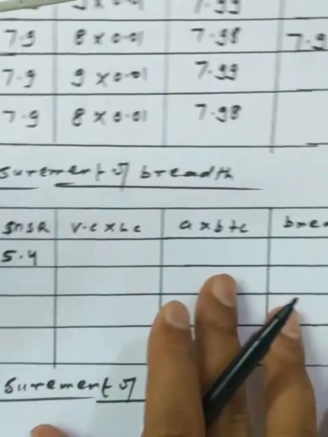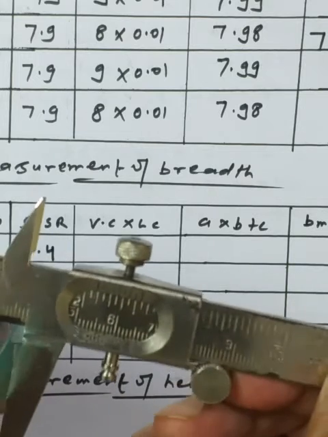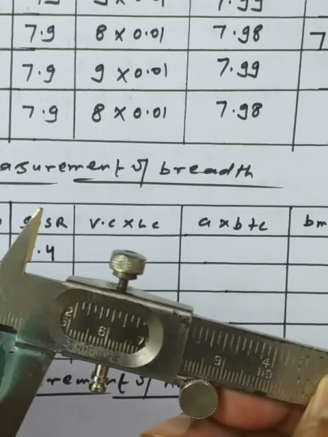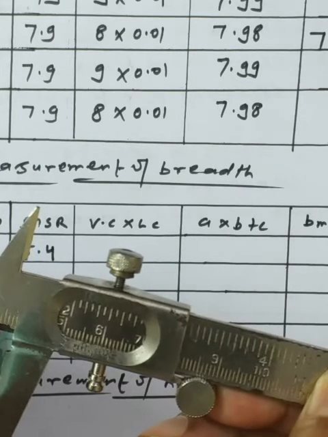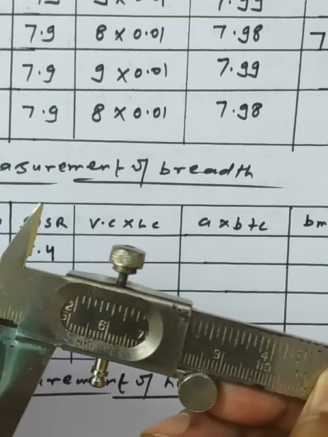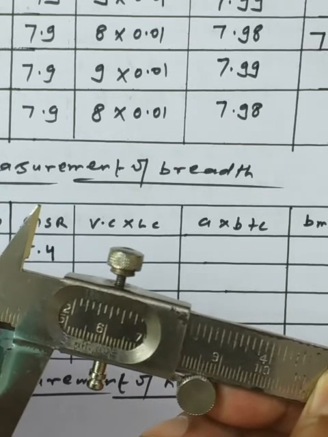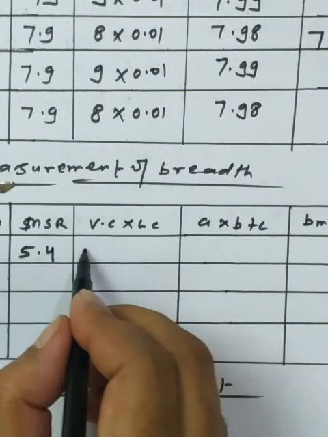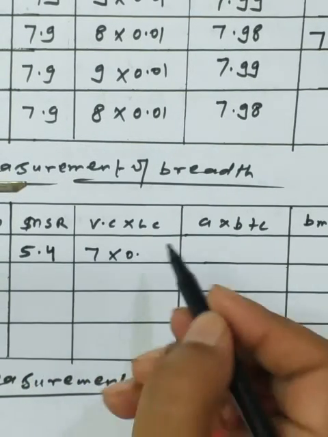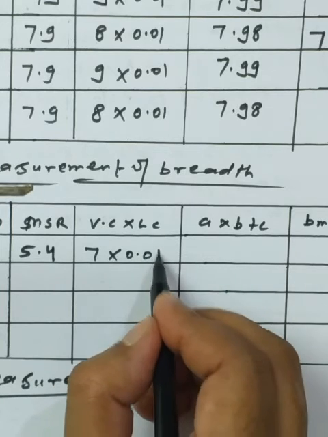Regarding this, we have to find out the vernier constant also. So the best matchup of the vernier division that matches on the main scale is the line number 7, and the least count is the same as before, so I am getting 0.01 centimeter.